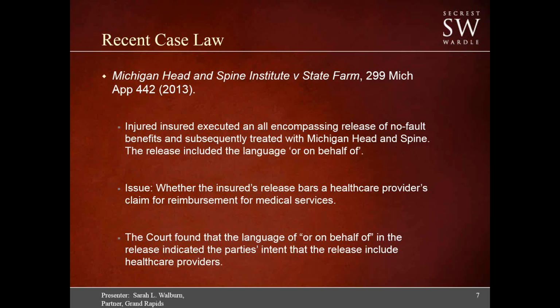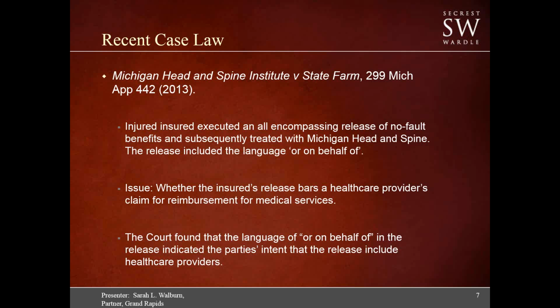The court went on to state that the "on or behalf of" language in the release is similar to the term "or for the benefit of" found in 3112. And that, of course, the court has recognized creates an independent cause of action for the healthcare providers.